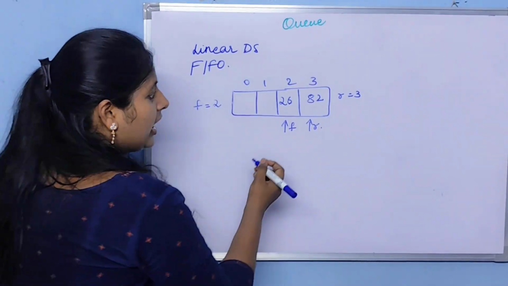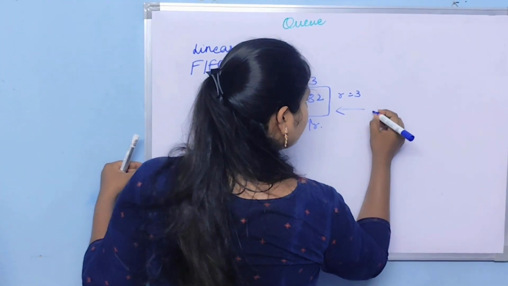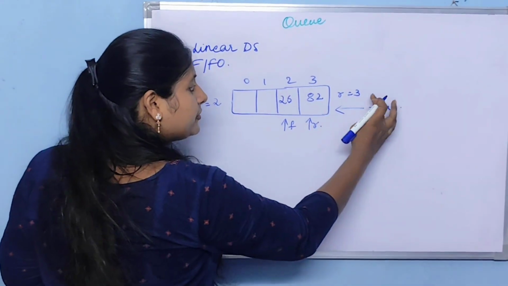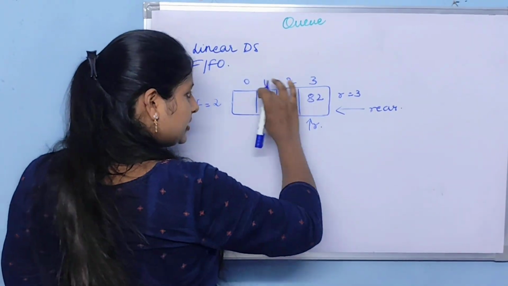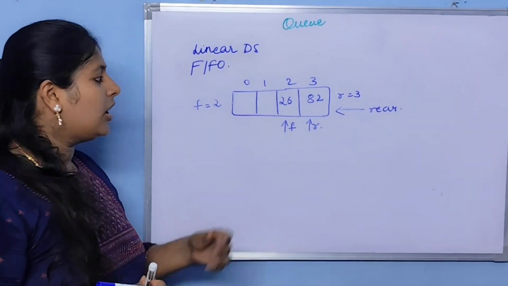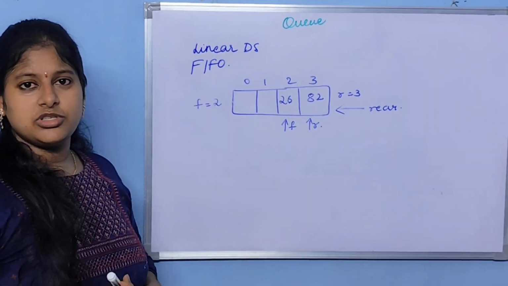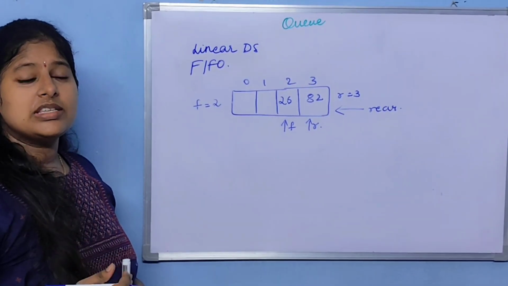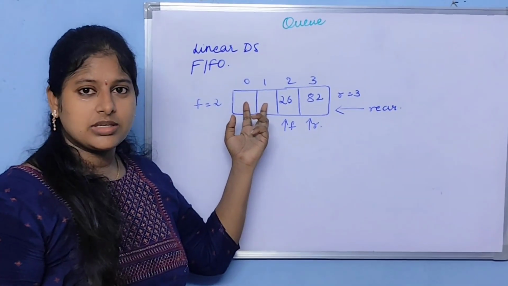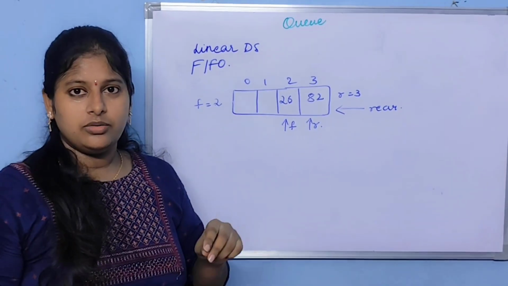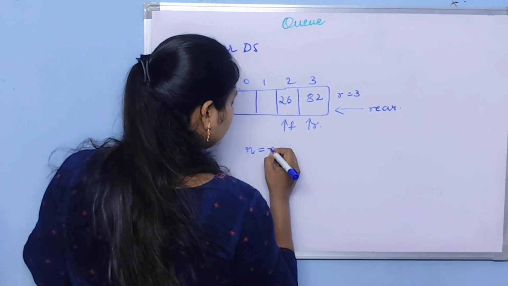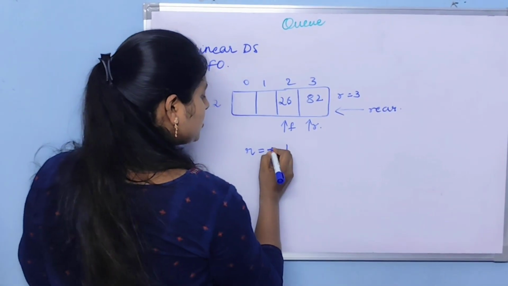But I can only add elements at the rear end. I cannot add elements at the front end. Even after these two spaces are empty, you don't have the availability of adding elements at the front position directly. So this is the main disadvantage of queues. If the front spaces are free and the rear is already filled, the condition only checks rear equals n-1.